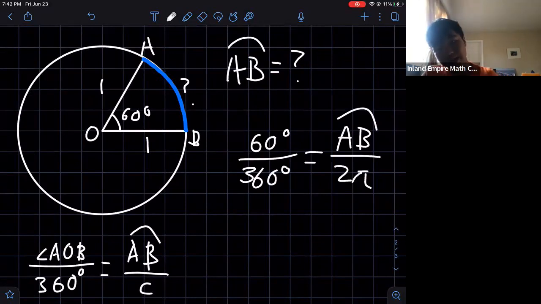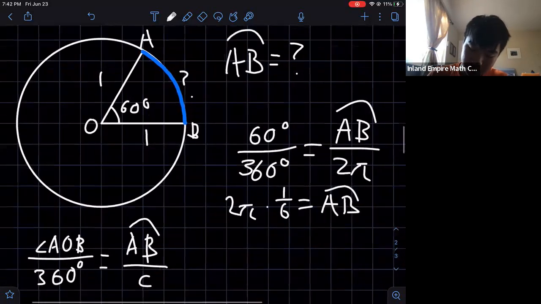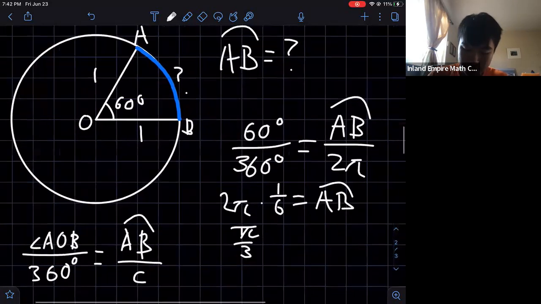Since the diameter is going to be 2, the circumference is going to be 2 pi. Therefore, it is going to be 2 pi times 1 over 6, which equals 1 over 3 pi, or pi over 3, equals AB.